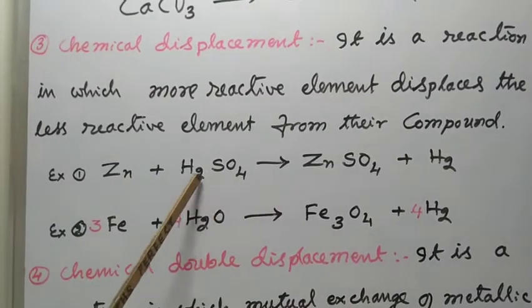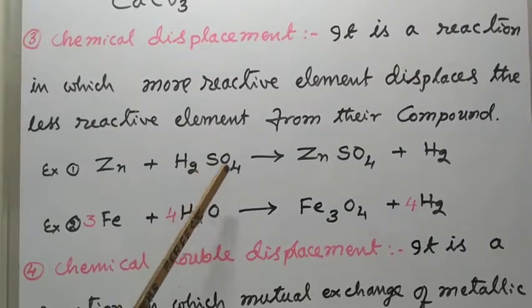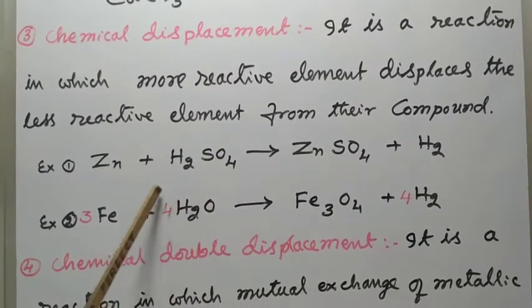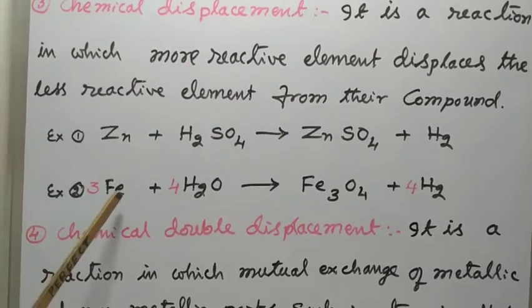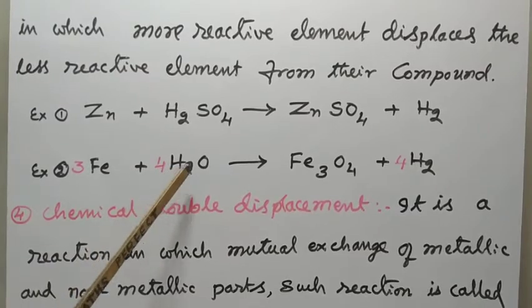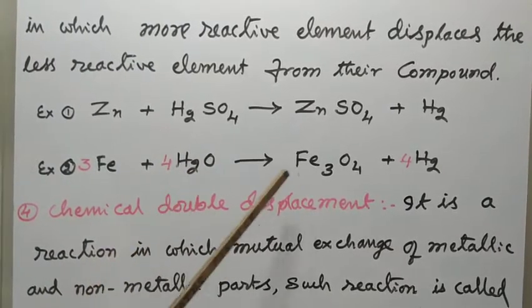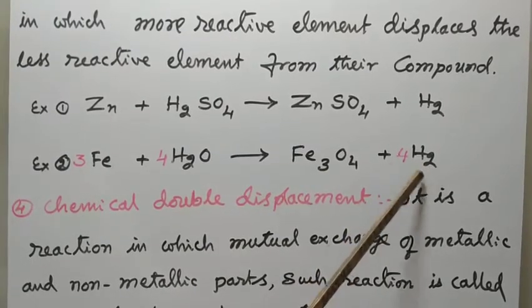So that's why this zinc displaces this hydrogen. That's why this equation is called a displacement chemical reaction. Similarly, iron is also more reactive. It displaces hydrogen from water to form ferric oxide plus hydrogen.